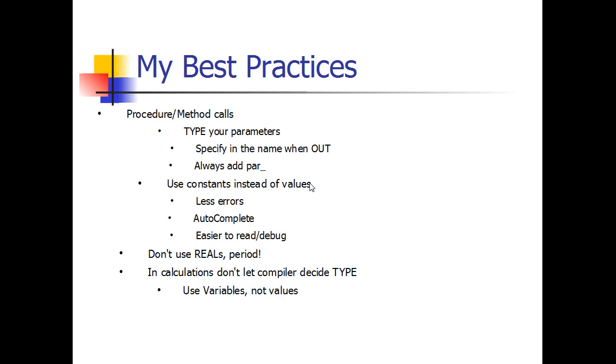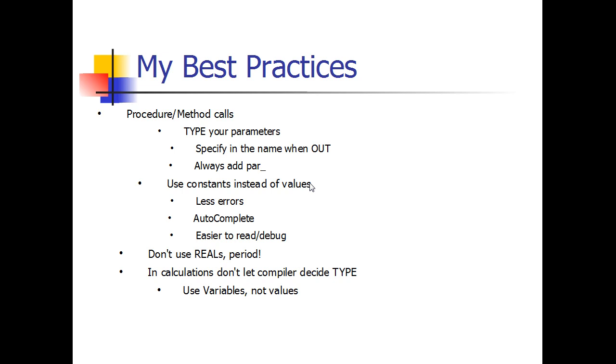So the first thing is you don't use multiply by 50.5. Is the 50.5 going to be a real or a numeric? You don't know. And maybe it's going to be a real because a long time ago there was no numeric, so they're still doing real in order to continue to work the same way. But you want numeric? Okay, well, you declare numeric, you put 50.5 in it, and you use your variable that is of the correct type.